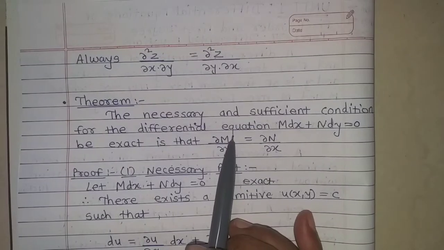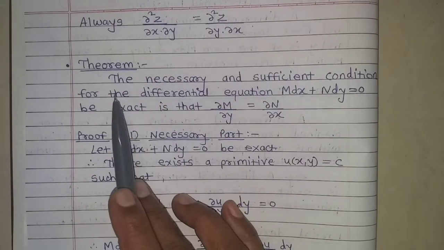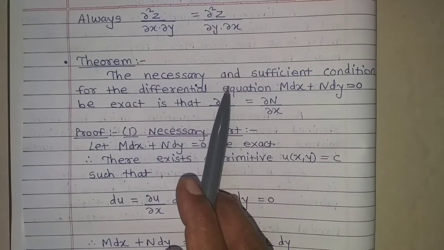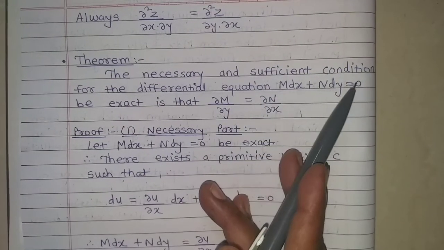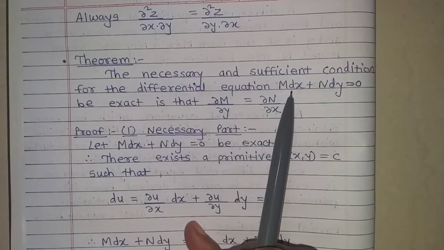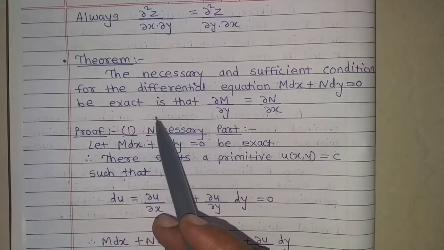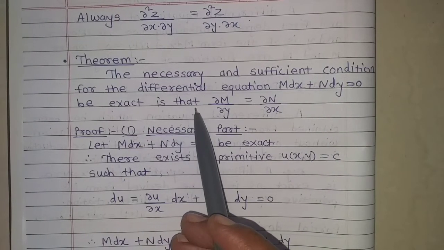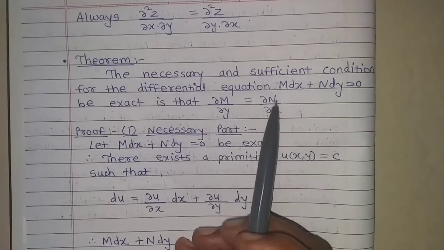Now we have to prove one theorem, and statement of this theorem is: the necessary and sufficient condition for the differential equation m dx plus n dy equal to 0 to be exact is that del m by del y equal to del n by del x.